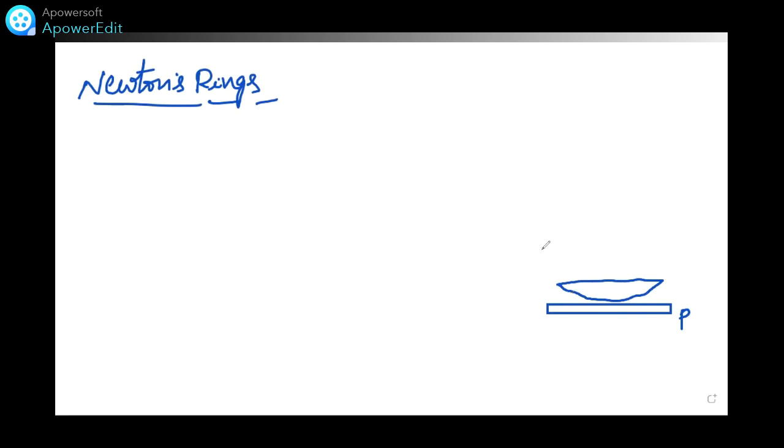So this is a plain glass plate and this is a plano convex lens.